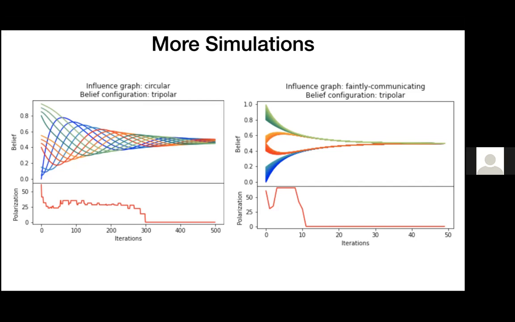But eventually they all reach consensus. You can see polarization goes down as they separate. When they get together, polarization increases because then you have two groups that are relatively different, very different actually. And then as they get closer, polarization tends to 0.